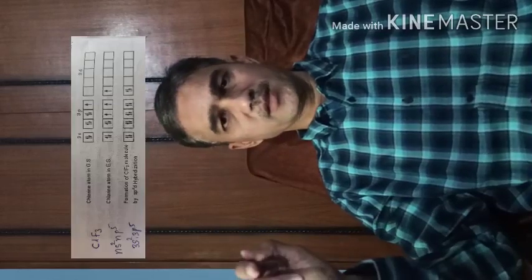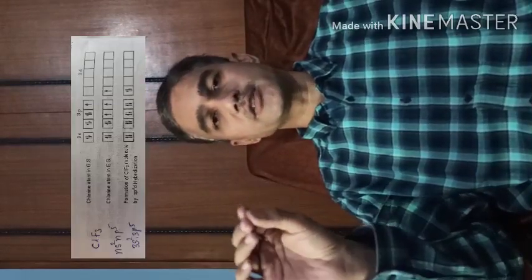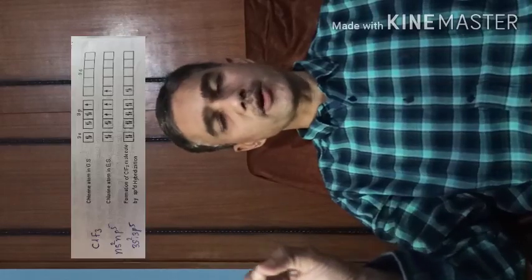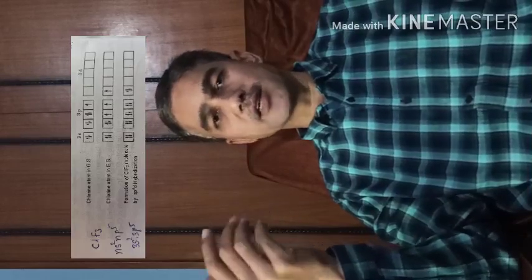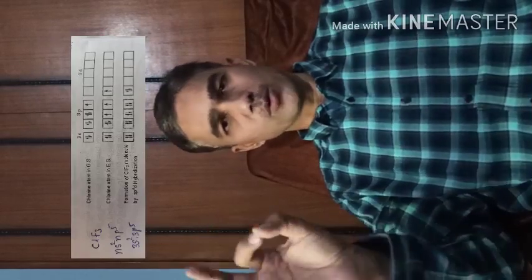For example, we will consider the ClF3 molecule. So first of all, we have to remember the valence shell electronic configuration of chlorine. You know its general electronic configuration is ns2 np5, and more precisely for chlorine it is 3s2 3p5.